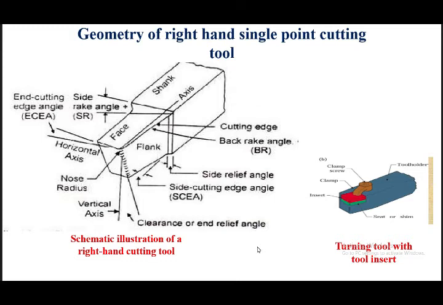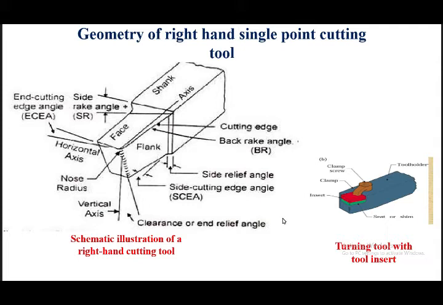And next, two more: end cutting edge angle and side cutting edge angle. The side cutting edge angle is made with the axis of the tool, and the end cutting edge angle is made with the width of the tool. And next, lip angle.